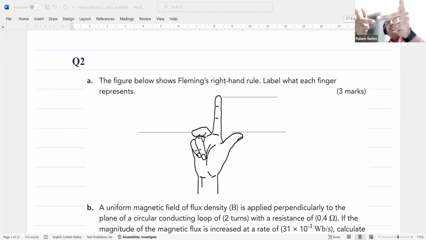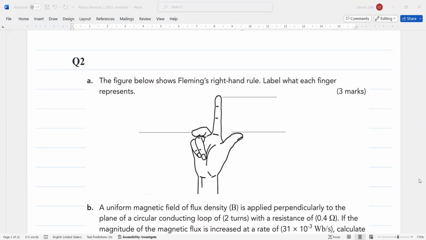It is the same as the left, but what is the difference between the left and the right? In the left, this is current, field, force. This is the left. Right is current, field, motion. Okay?